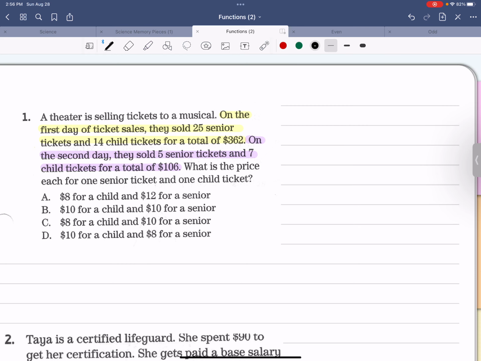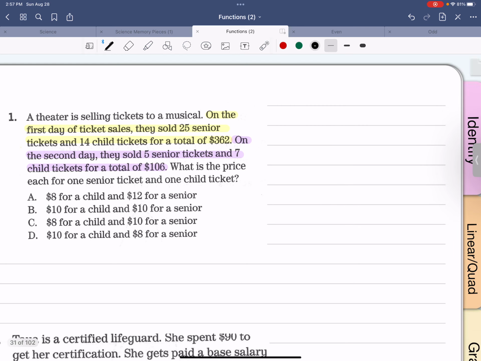So let's set up the yellow equation. This is going to be the first day. They had 25 senior tickets plus 14 child tickets, and together they made $362.